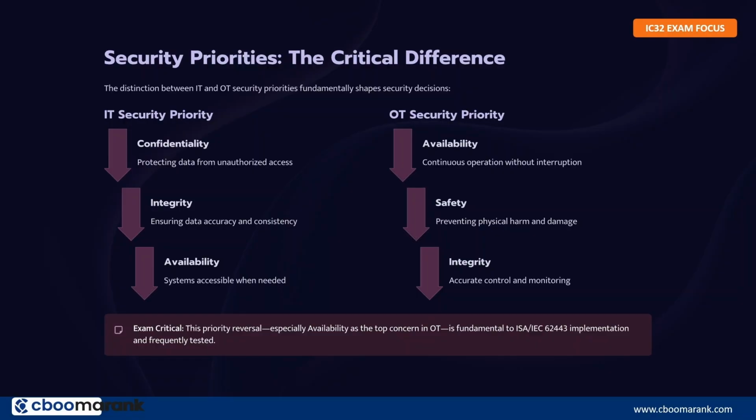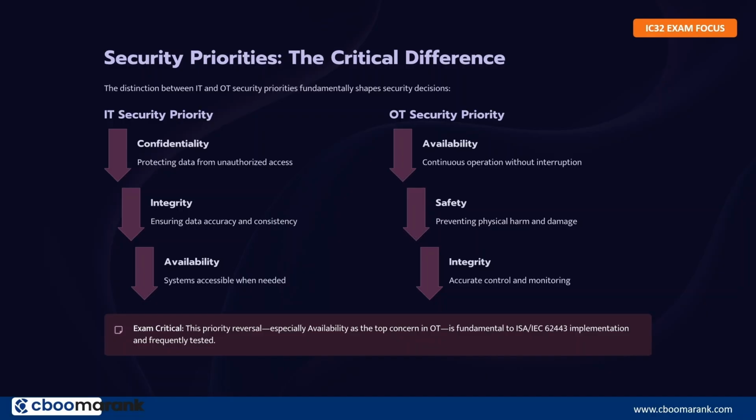So now let's move to the security priorities. As we all know, in IT security, the top priority is confidentiality, protecting the data from unauthorized access. But in most OT environments, priorities are different. As we can see from our presentation, in OT security priority, availability is first.